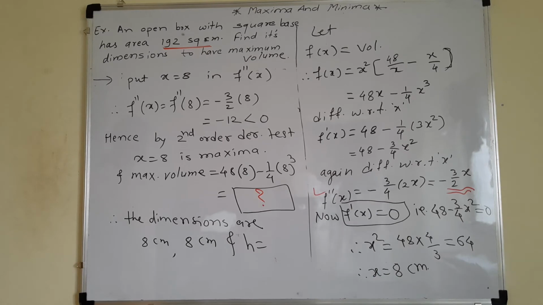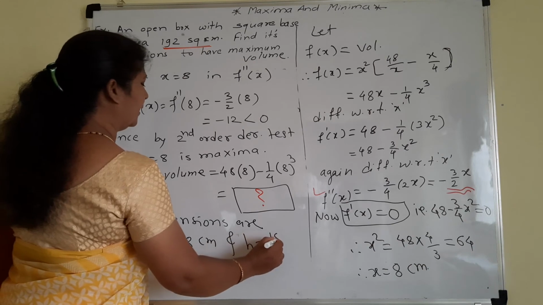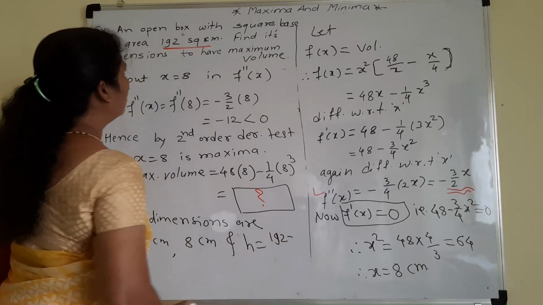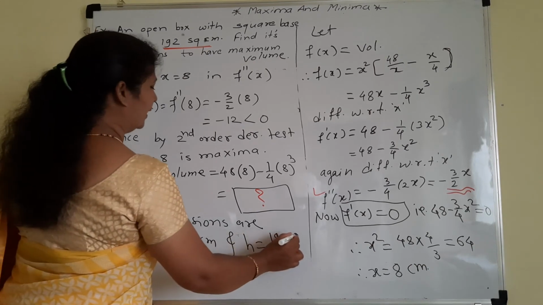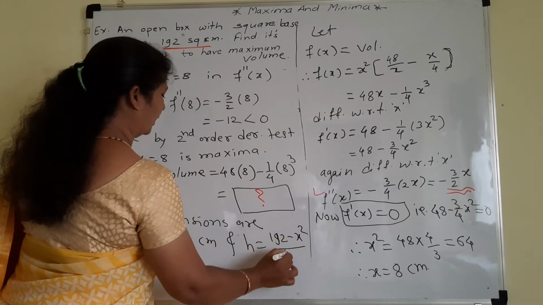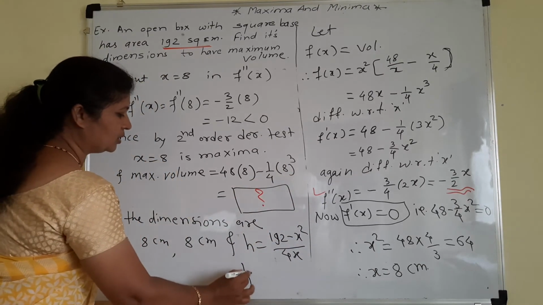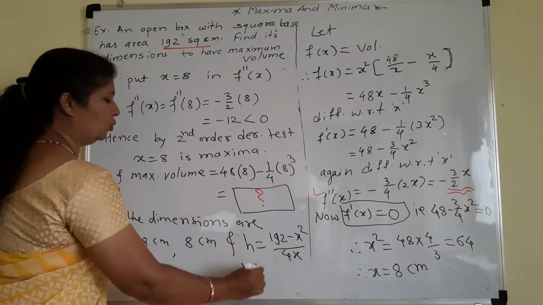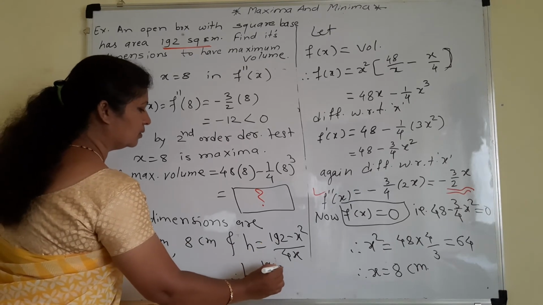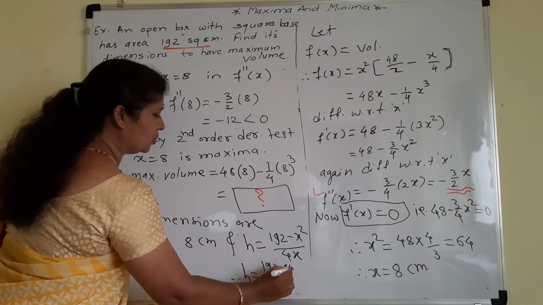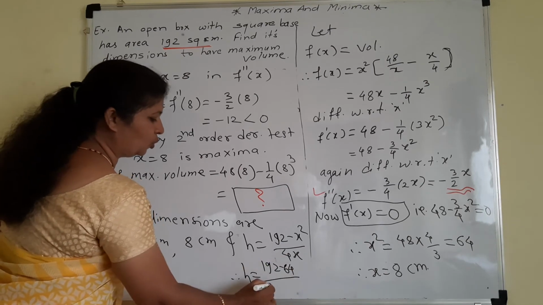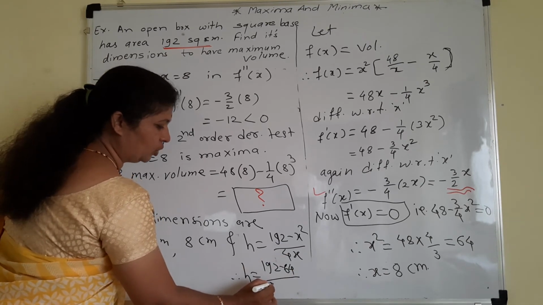What function did we get for height? I think it was 192 minus x square upon 4x, right? So therefore h is equal to 192 minus 8 square, that is 64, upon 4 into x, that is 4 into 8, 32.